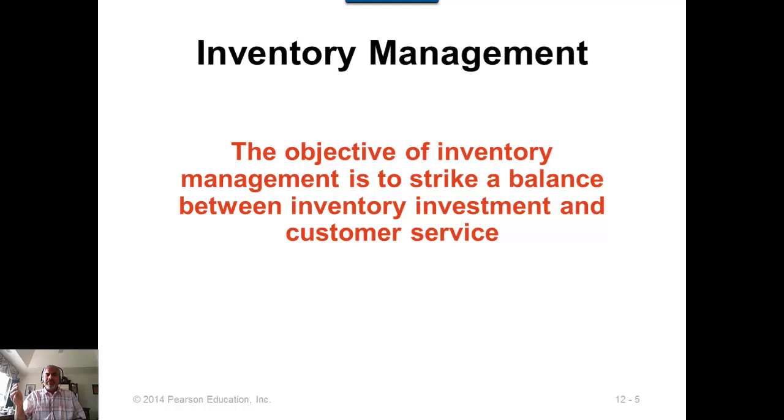So the idea of inventory management is to strike a balance between these two competing objectives: one being to keep the inventories low, and the second being maximizing the probability of meeting the demand from stock as high as possible.